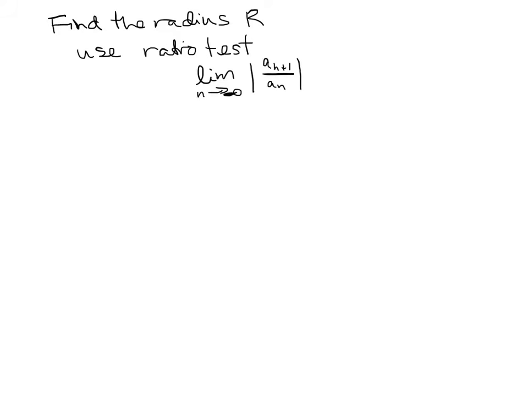That limit, when you take it, is equal to 1 over your radius. So what I'm saying is find the limit, and r is equal to 1 over whatever that limit was. Okay, so that's your radius. That's how to find the radius.